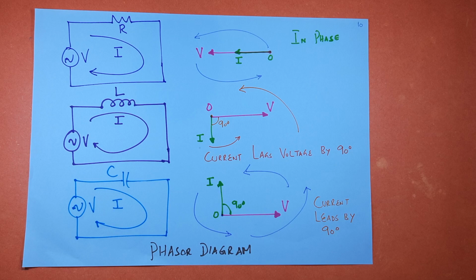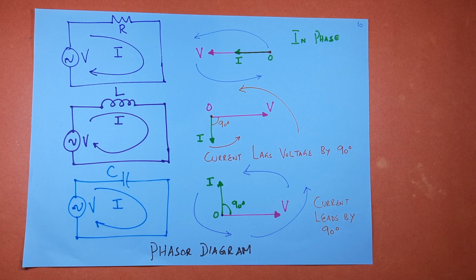In a resistor, these two are in phase, with no angle between voltage and current. In a pure inductor, current lags the voltage by pi by 2 radians or 90 degrees. In a pure capacitive circuit, current leads the voltage by 90 degrees or pi by 2 radians.